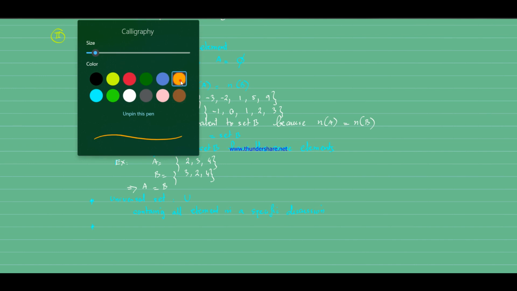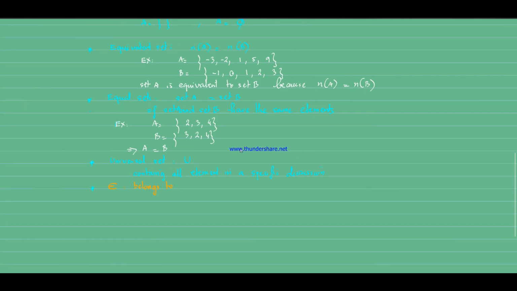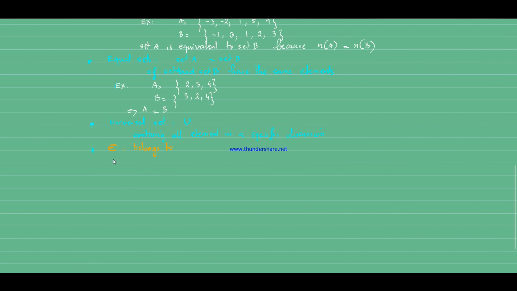I think I can use this. Okay, so there's two symbols. You can use this symbol like this, and it means belong to. Or you can use the symbol like that also, but with a dash line over there.